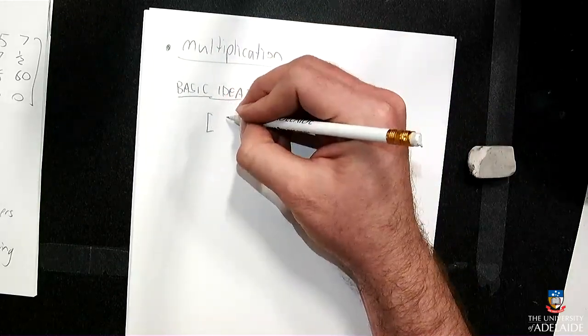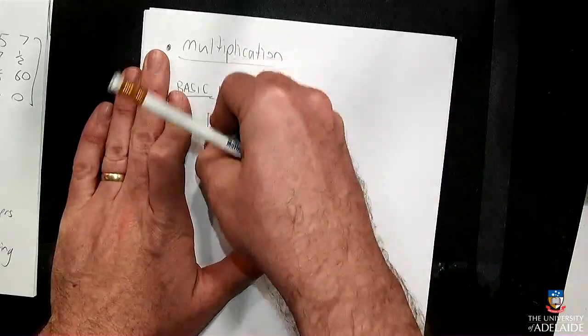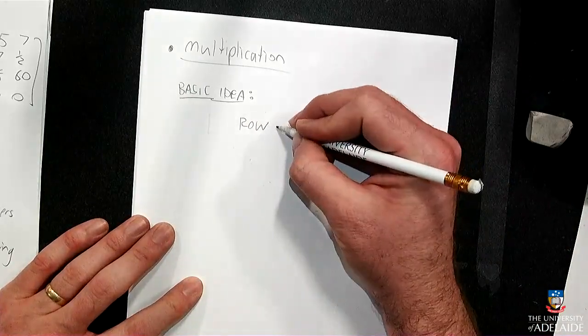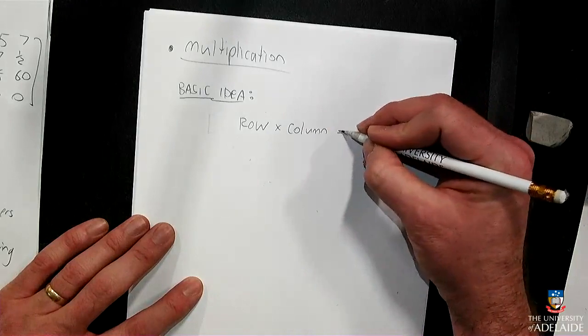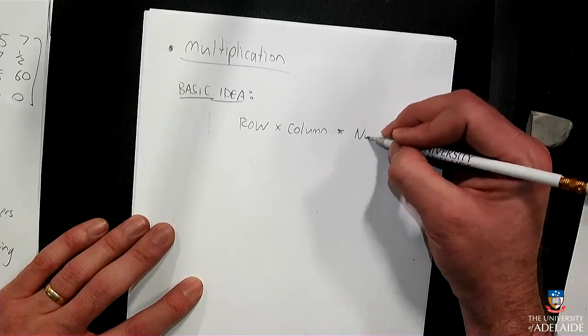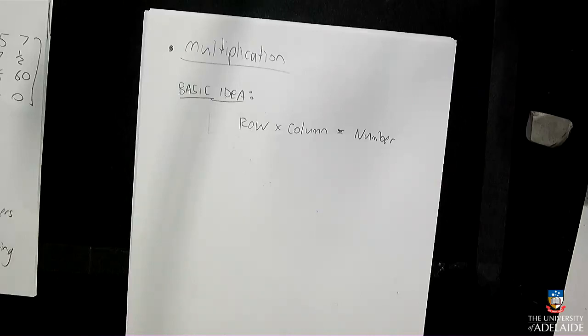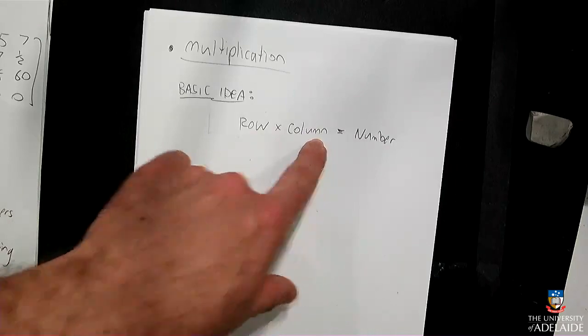A row times column equals a single number. That's the basic idea. And this row has to have the same number of entries in it as this column.